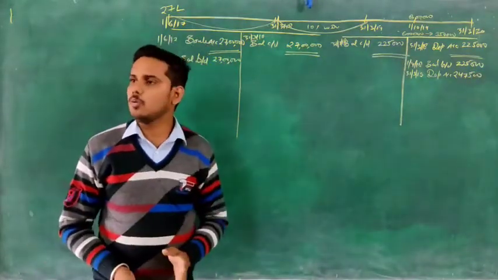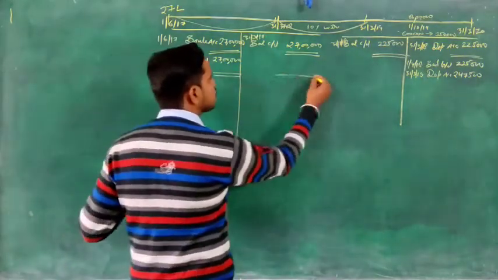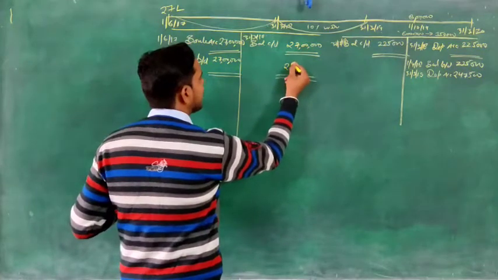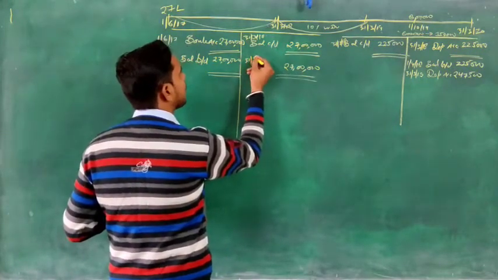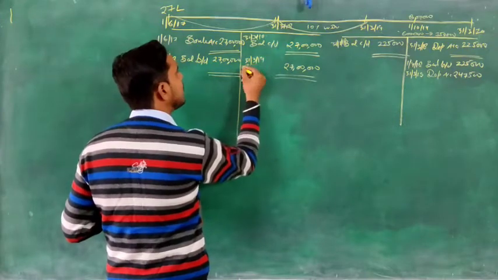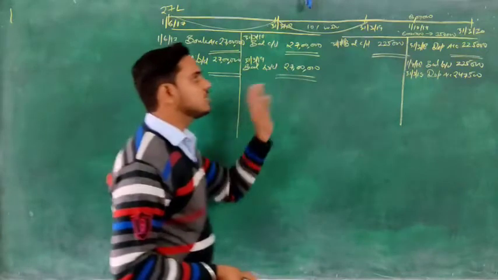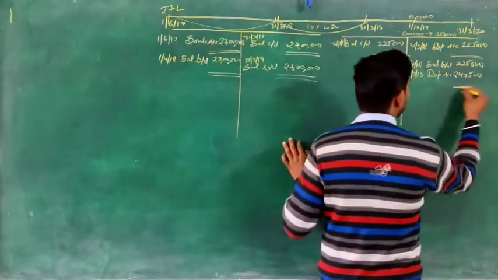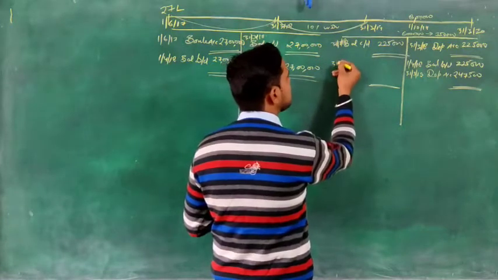We will close the account, and closing account is very easy. Total of this is 27, so it should also be 27, and there is no amount to minus, so the whole 27 will be our balance of 31st March 19 as balance CD. Okay, and we need to close this account also, but in this account, closing means finding the total depreciation till now.